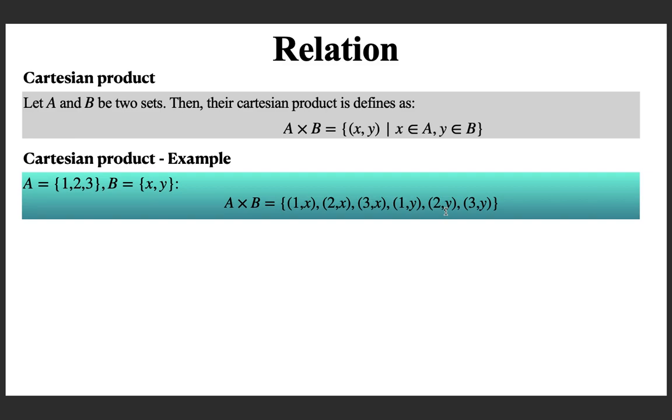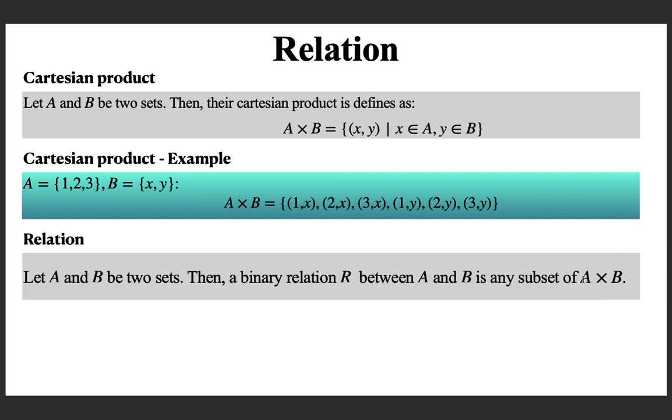And you can generalize and say that if there are m number of elements in the set A and n number of elements in the set B, there are going to be m into n number of elements in the set A cross B, which is the Cartesian product. Now you can define a relation as any subset of A cross B, a binary relation, that is between two sets.